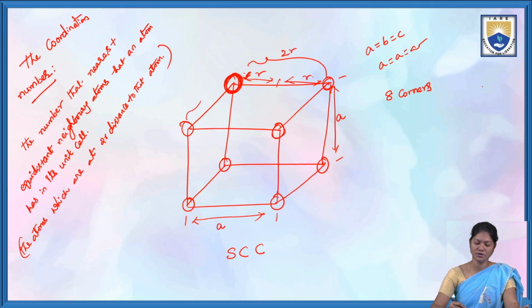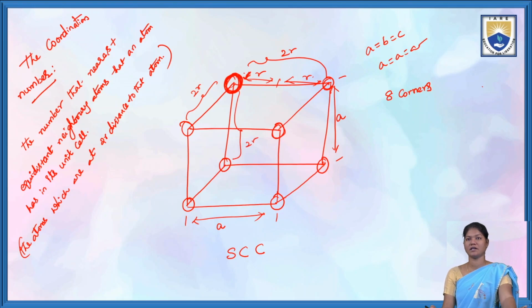This is also a 2R distance, as well as here to here, 2R distance. So 1, 2, 3.